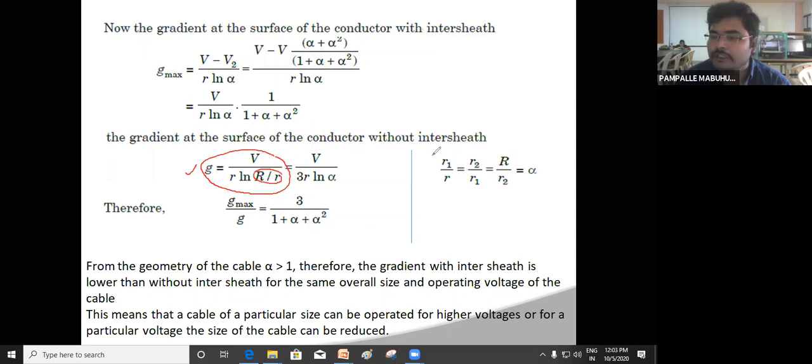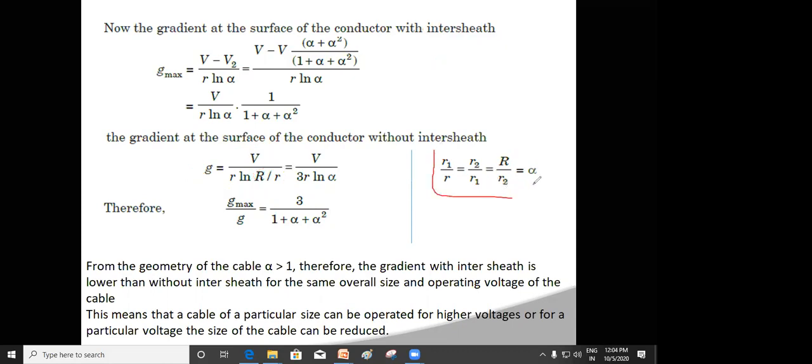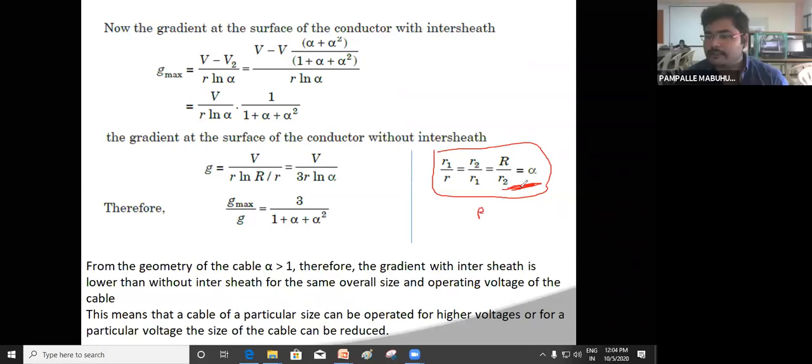Okay, so now what is this capital R by small r value? From this condition you develop the R value. Capital R can be written as small r2 into alpha. So R can be written as alpha into R2.